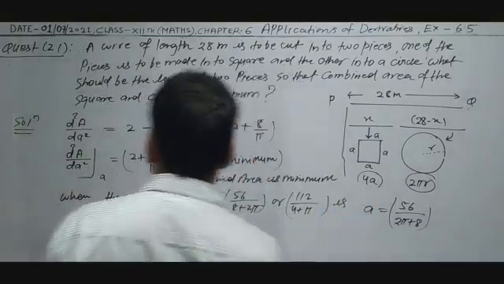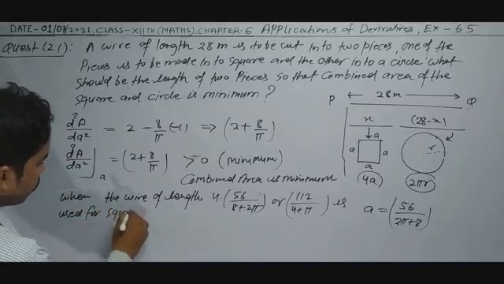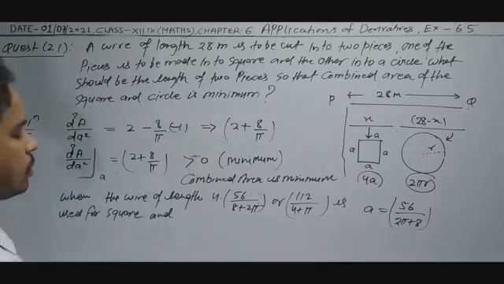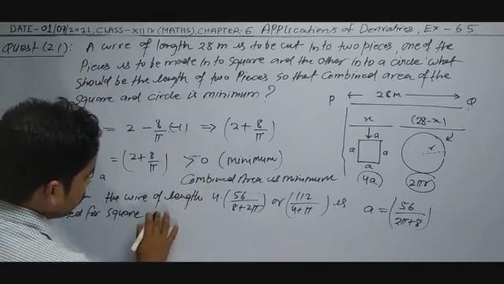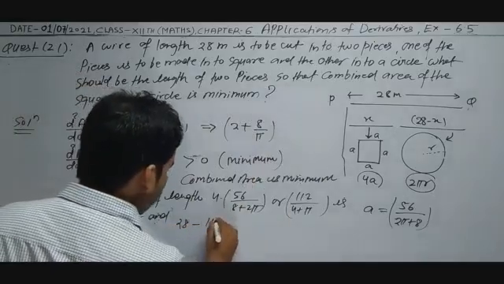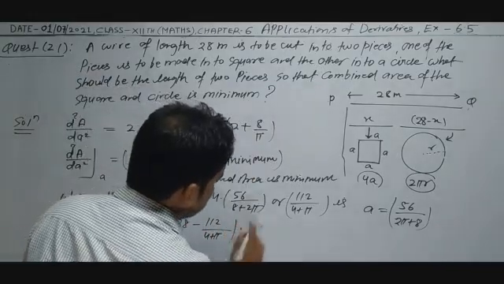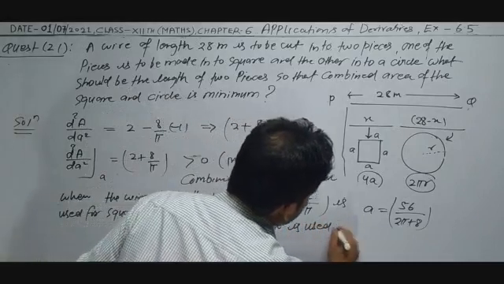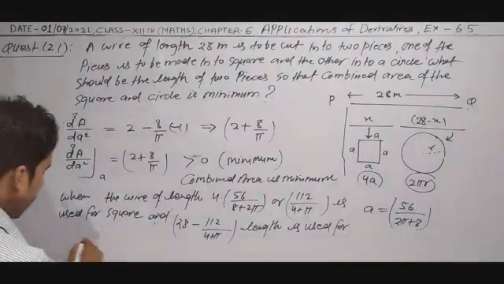And the overall length is 28, so 28 minus 112 whole upon 4 plus pi is the length used for the circle.